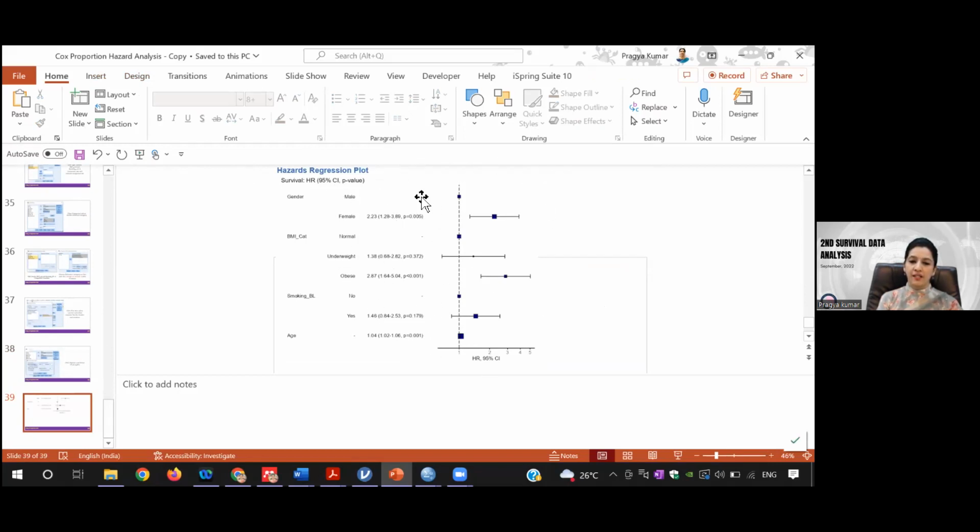Then save it as a JPEG image, or PNG, many types of image. So you will have to do this editing in PowerPoint.